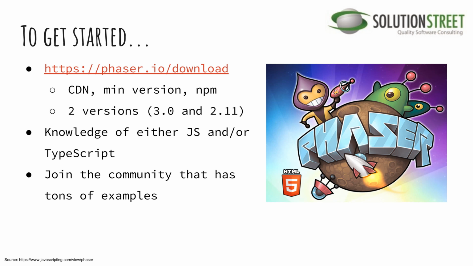However, if you want to try it out, I would suggest going for 2.11 because of all of its documentation. 3.0 is in its juvenile stage, so there's not a lot of documentation and probably there are bugs out there. So if you want to start developing games using Phaser, 2.11 would be the best.